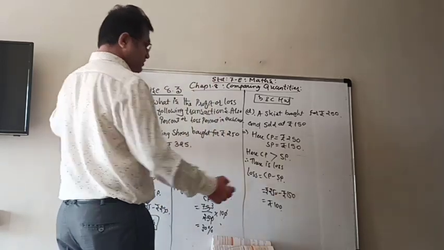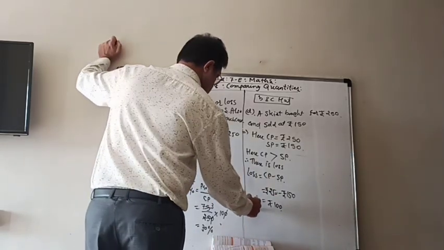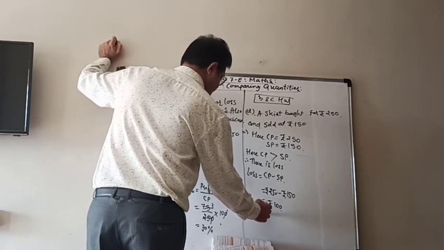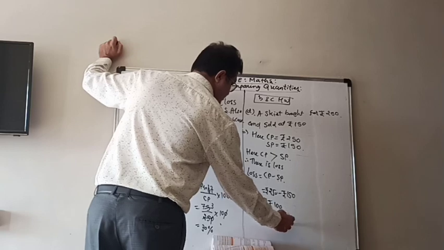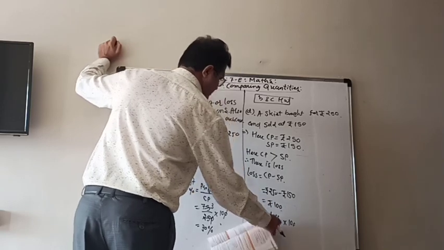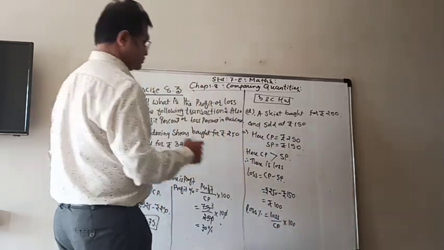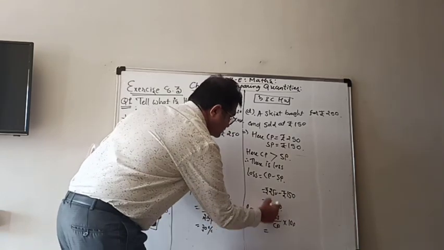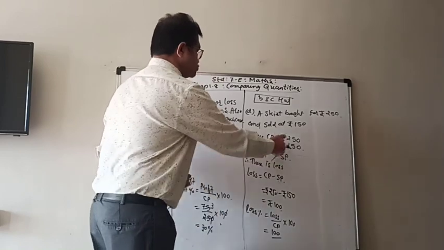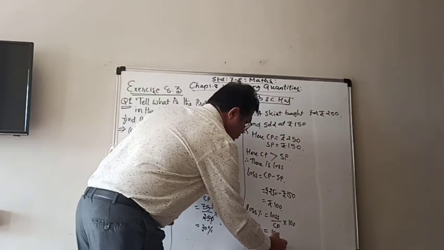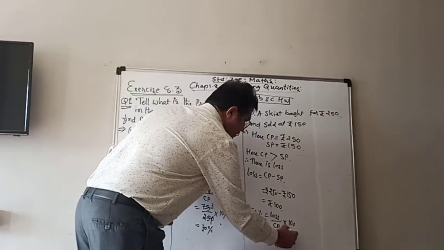So now loss percentage. Loss percentage is equal to loss upon CP multiplied by 100. What is loss? 100. What is CP? 250, multiplied by 100.